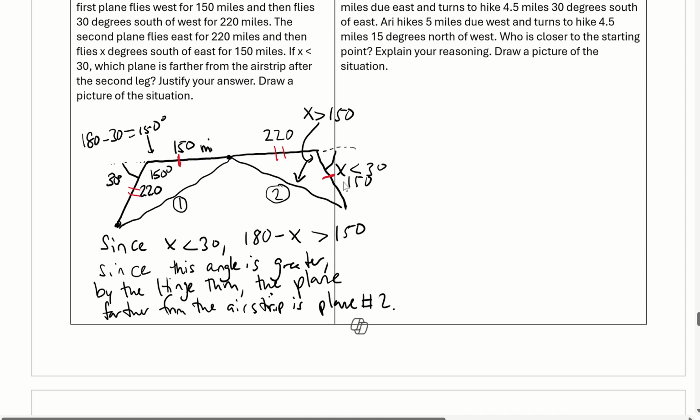Hopefully that made sense. This angle is bigger, and so this side has to be bigger, so it's farther away.